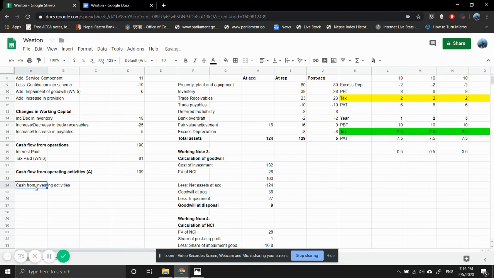Activities, what's our standard pro forma for that is basically we always put the sale of property, plant and equipment at first, right? Or purchase of non-current assets.